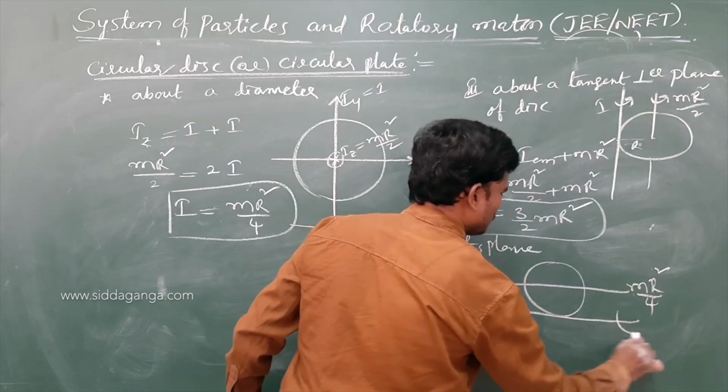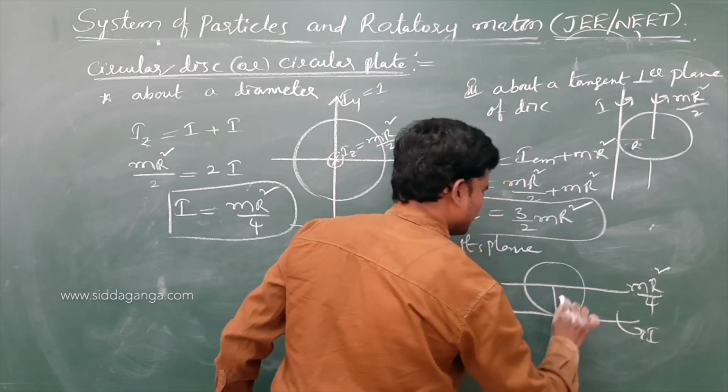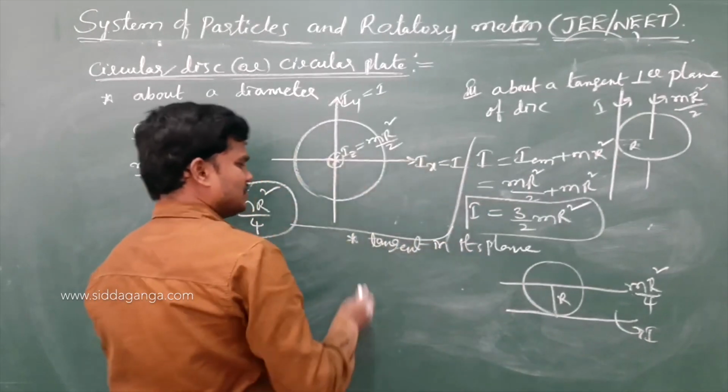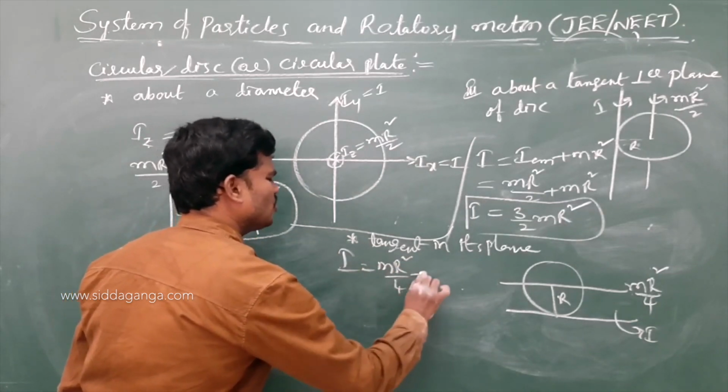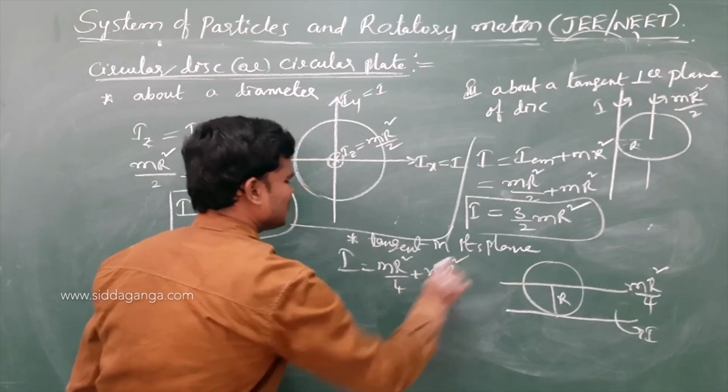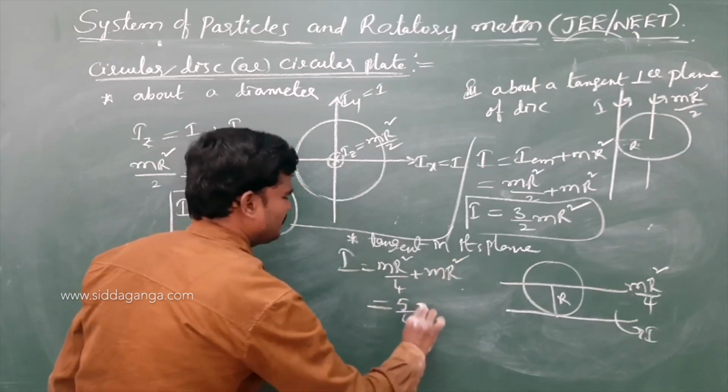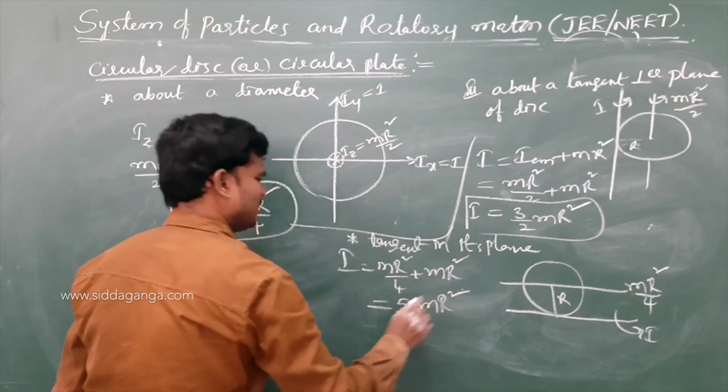I want to get about this tangent, which is again at a gap of r. So use the parallel axis theorem: mr square by 4 plus mr square, which is 5 by 4 mr square.